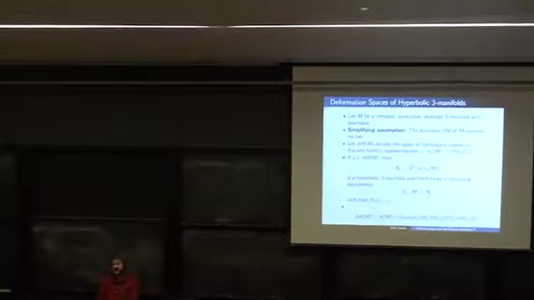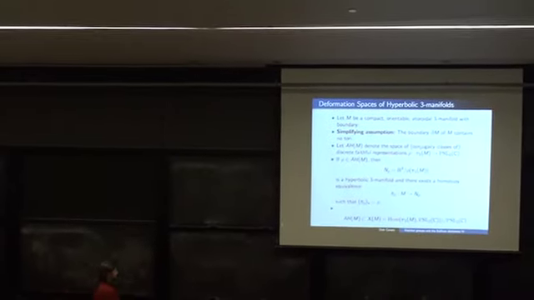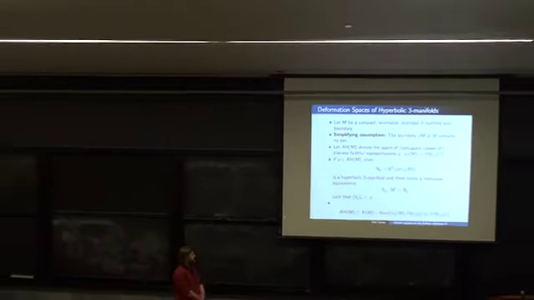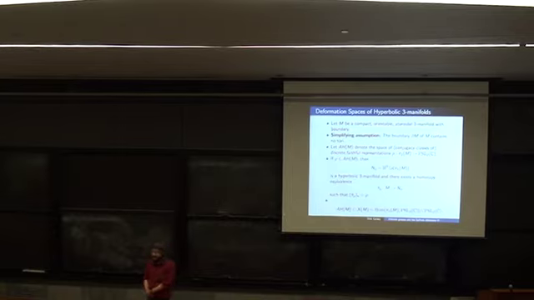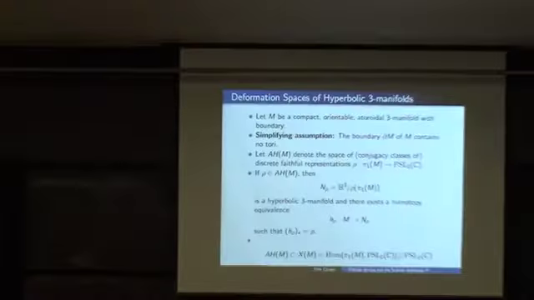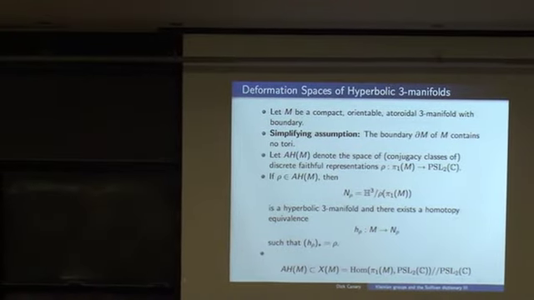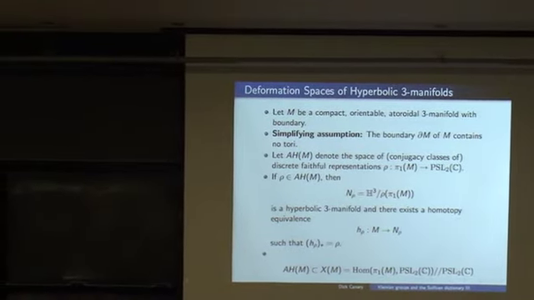You quotient H3 out by that, you get a hyperbolic 3-manifold, and the fundamental group of that hyperbolic 3-manifold is identified by rho with the fundamental group of M, so you get a homotopy equivalence. So starting with the representation, you get this pair, which is a hyperbolic 3-manifold and a homotopy equivalence.